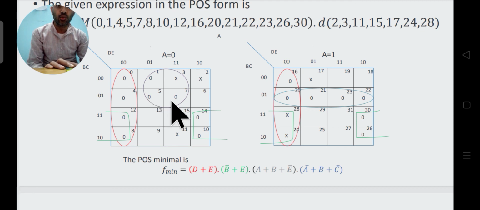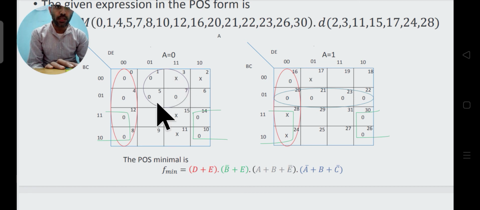Corresponding to this quad, you see 1 0 is coming here. As I have already told you, this is a don't care, and a don't care can be considered as 0 or 1. Here we consider it as 0 because it is used to simplify the expression. So we include it here.